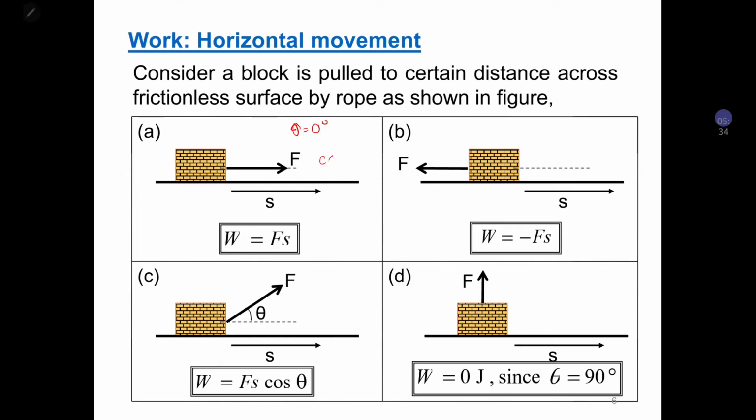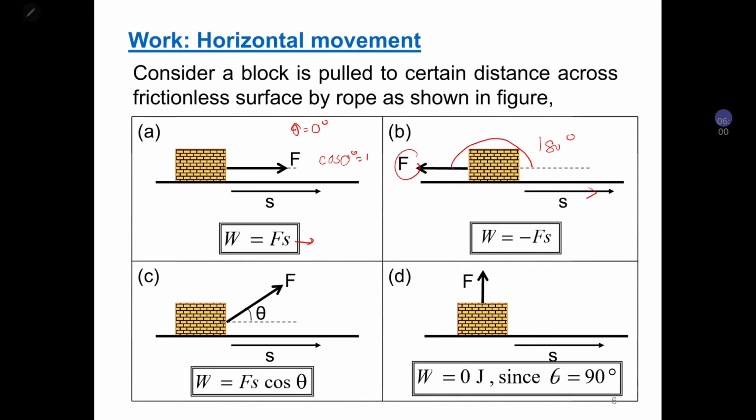So we know that cos 0 is equal to 1. So the equation becomes W is equal to Fs. Alright, now if you look at the figure B, the direction of force is to the left and the direction of displacement is to the right. Okay, so now the angle between force and displacement is 180 degree.